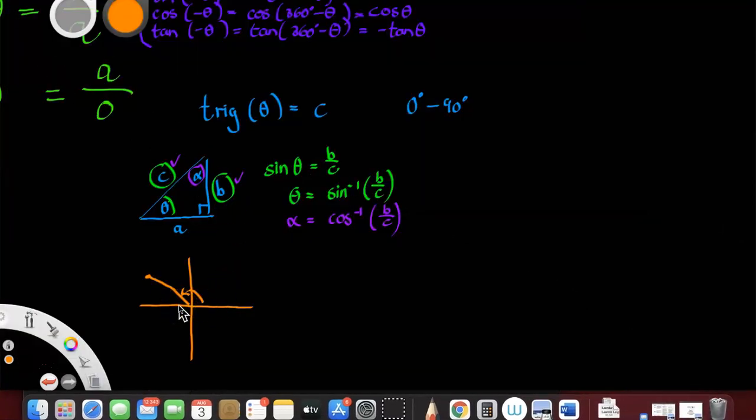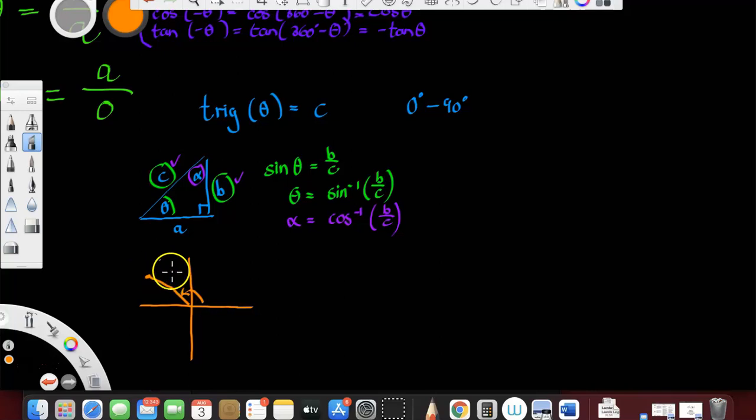This is what I think it is saying, because this is a standard way of doing these types of questions. Let's say we have a point here and they give you the point P, Q, and they say, determine cos of theta.